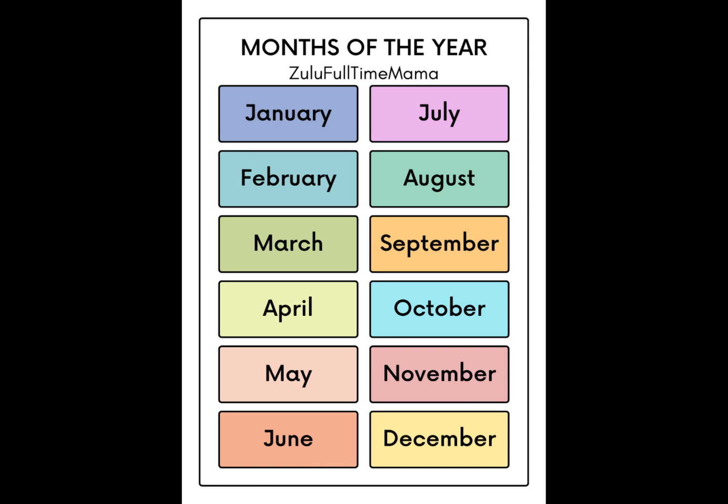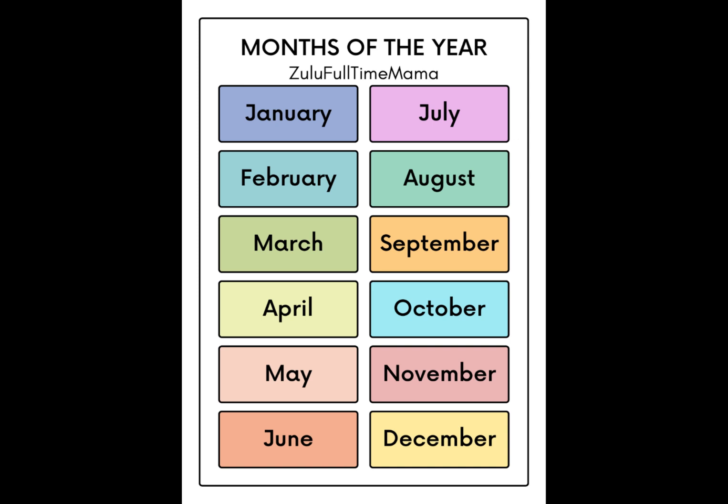Okay, now just a quick recap. January is Umasingana. February is Nhlolanja. March is Ndasa. April is Mbasa. May is Untlaba. June is Untlangulana.